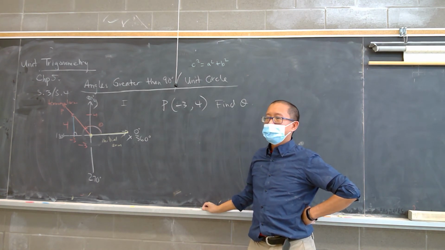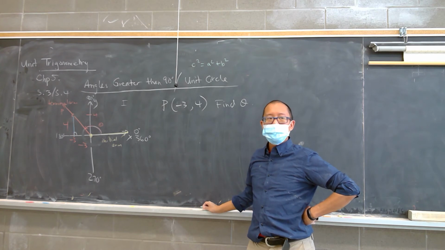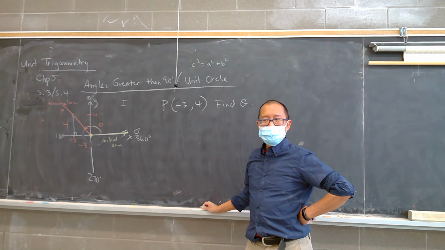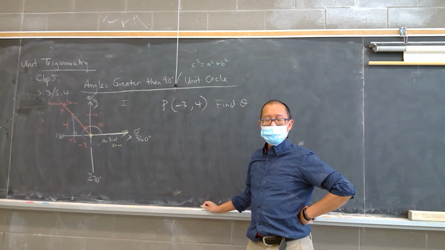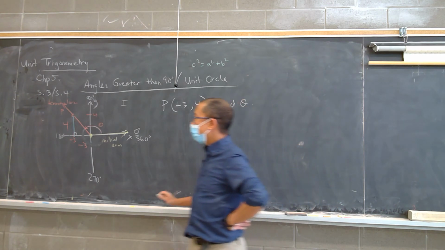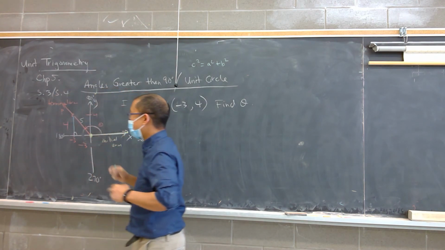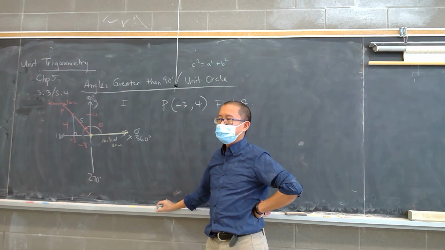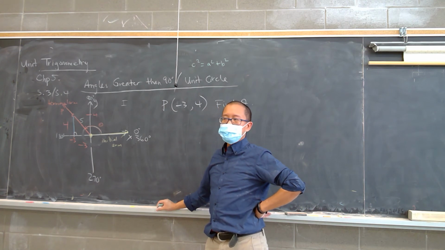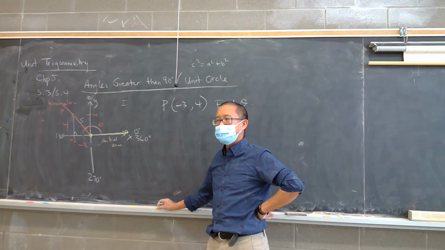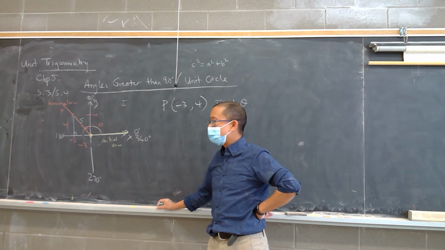Mental math: -3 all squared, 4 squared, 25, square root of 25. Adam? 5. It is 5. And technically it's plus or minus 5, but hypotenuses are always positive. This is a famous triangle, but it's not a Hall of Famer triangle. This is a famous 3, 4, 5 triangle. It's a Pythagorean triple.